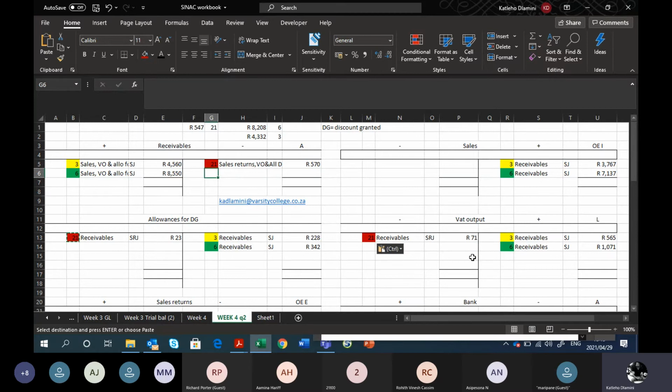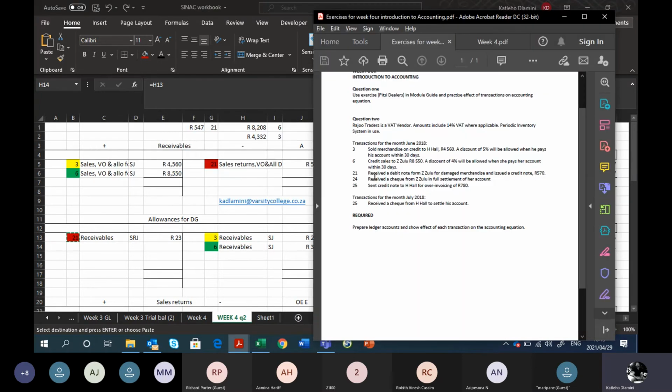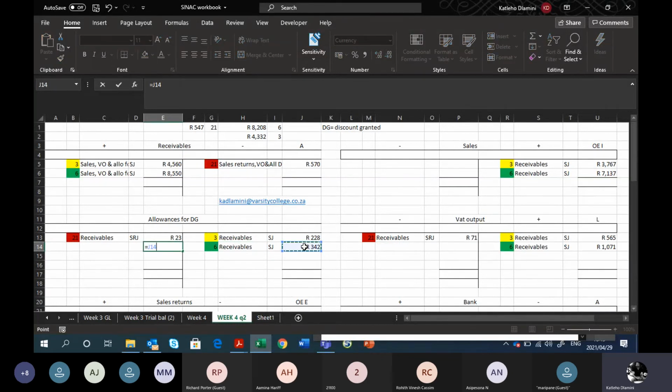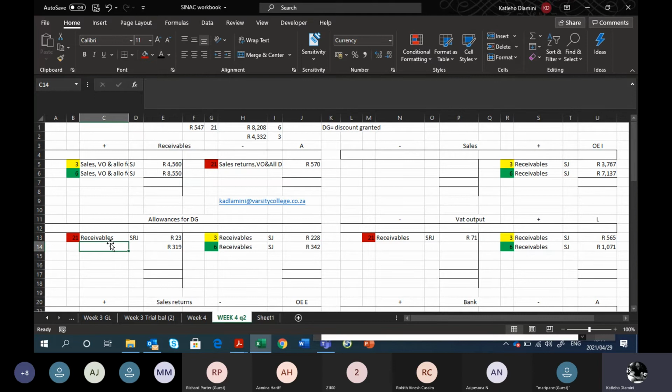So here we go. First things first, I'm gonna need my allowance. So Z Zulu was on the, let me just make sure. Z Zulu is on the 6. Okay, on the 6 you have that 3, 2, whatever. So now the difference between this amount and that amount is 319 Rand, right?